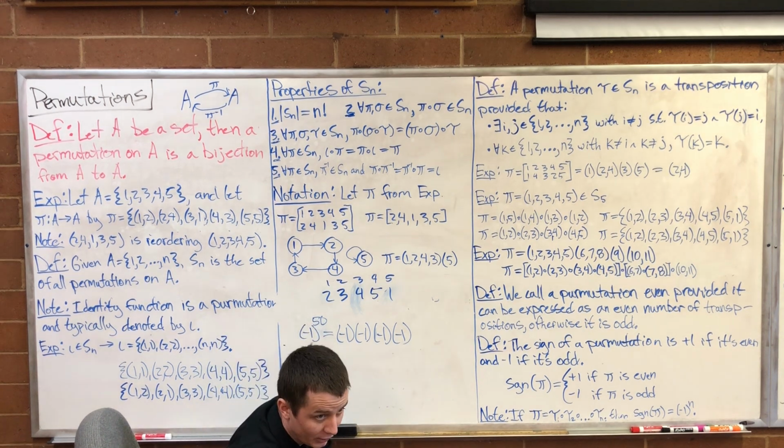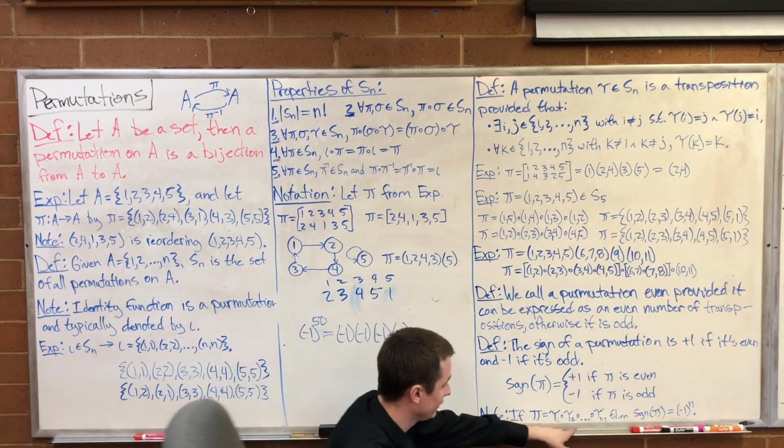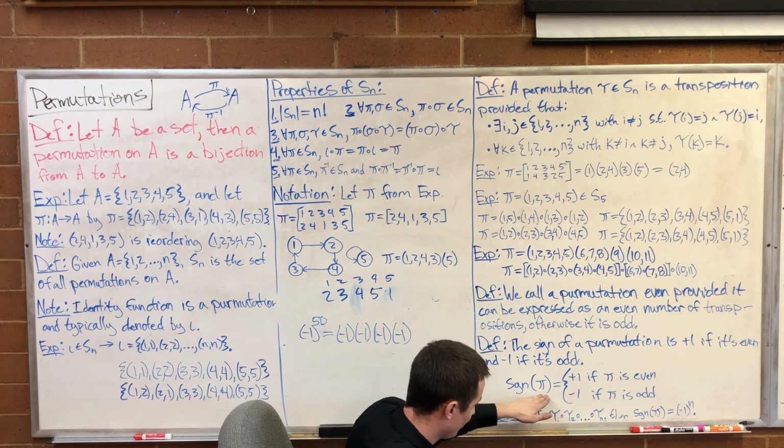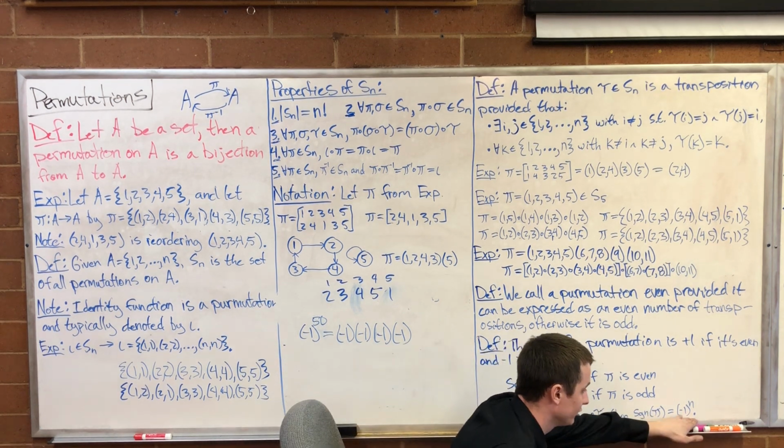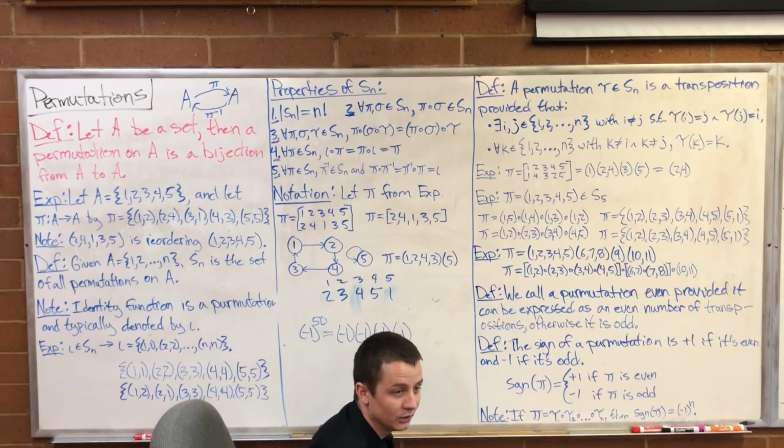Anytime we put an odd number out there, it's going to come out -1. So now does this make sense? So notice, sign of pi, here's one way that you can get it: -1 to the n, where n is the number of transpositions. We good to continue now?